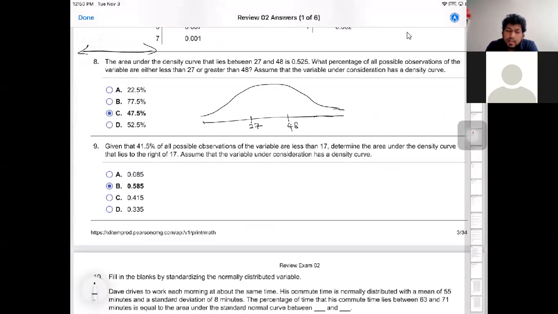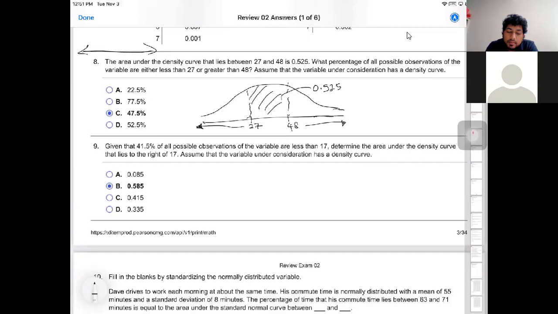The area lying between these two is 0.525. What percentage of all possible observations of the variable are either less than 27 or greater than 48?